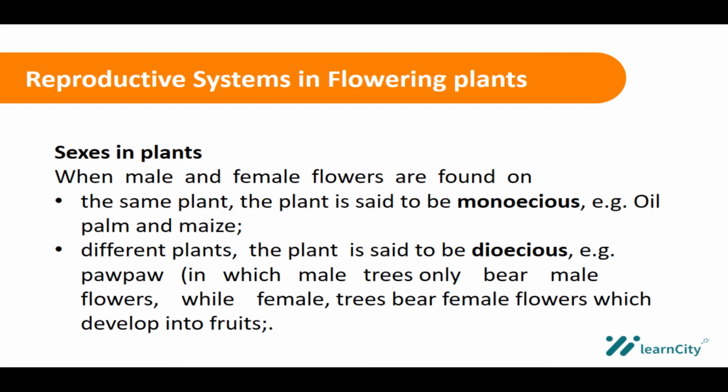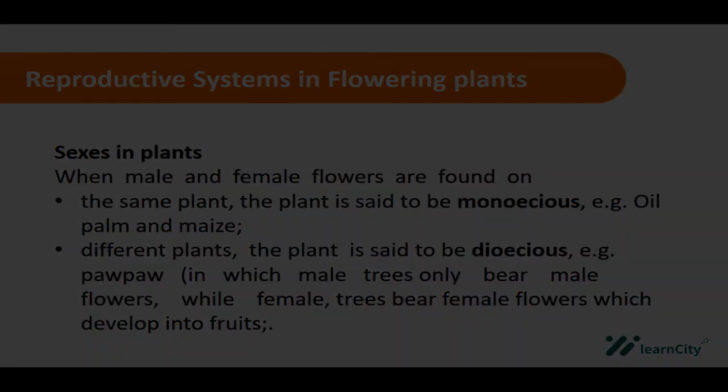For example, we have that in the pawpaw. In pawpaw, the male trees bear male flowers only, while female trees bear female flowers only. And it's the flowers of the female trees that develop into fruits.